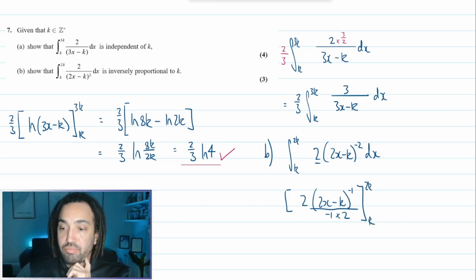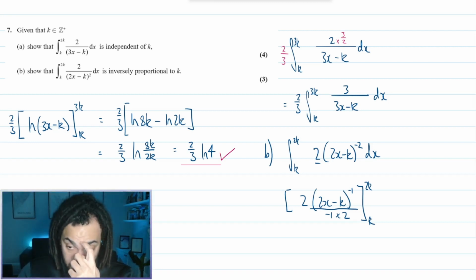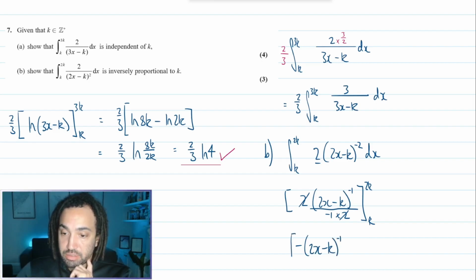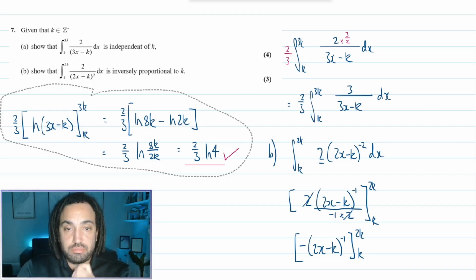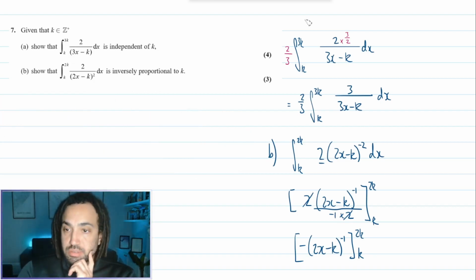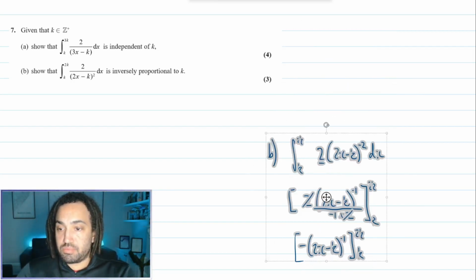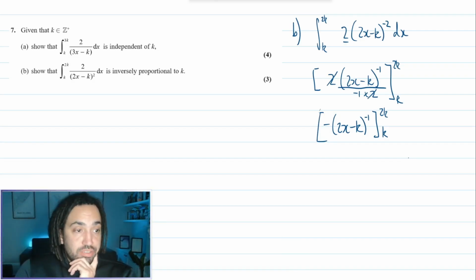Okay. So this gives us, well, the 2's will cancel here and here. There's a negative there, so it's negative 2x minus k to the minus 1. And that is between 2k and k. Okay, let me just create some more space. Okay, so I've got to substitute my values in now.